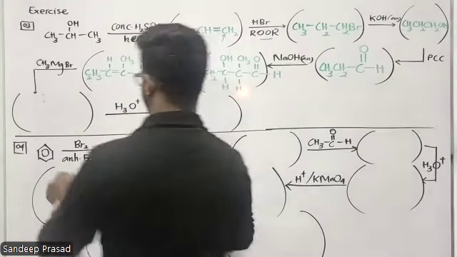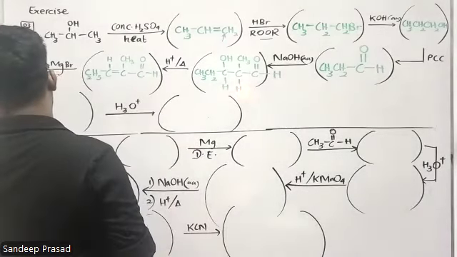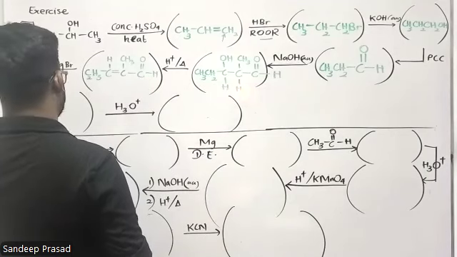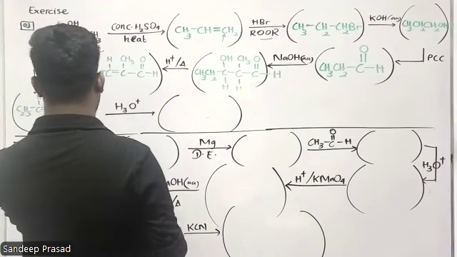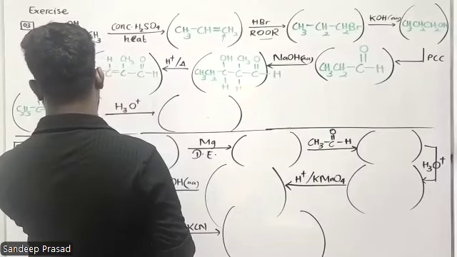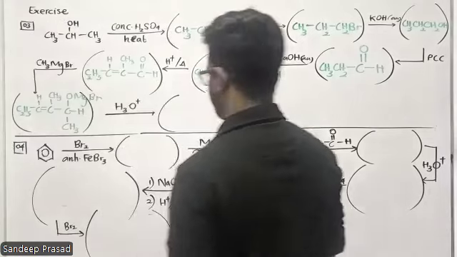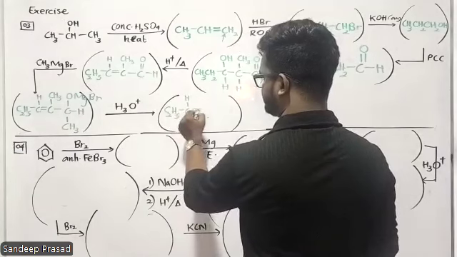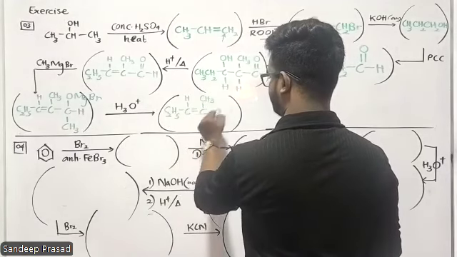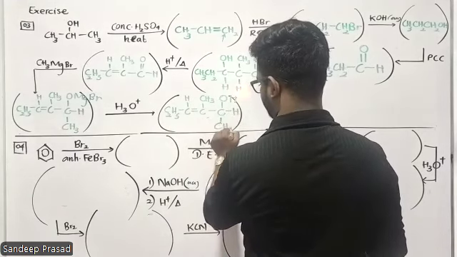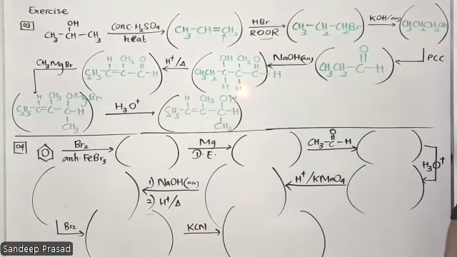Then Grignard reagent is added. No effect for the double bond, it is remaining as it is. MgBr is produced here. But finally you can have this kind of a product. Okay.